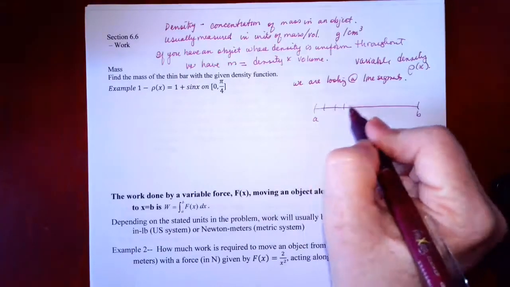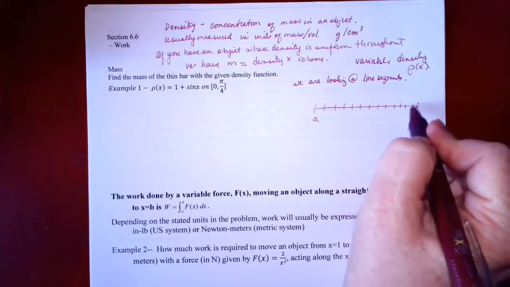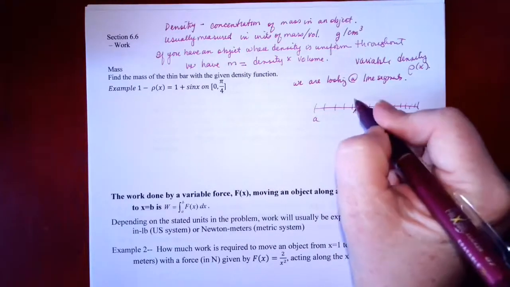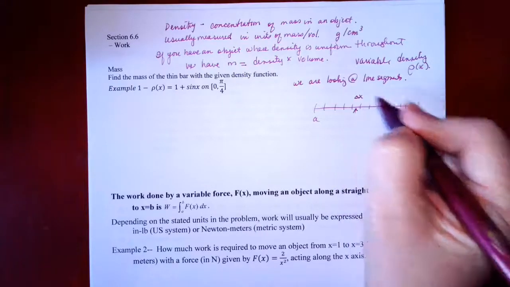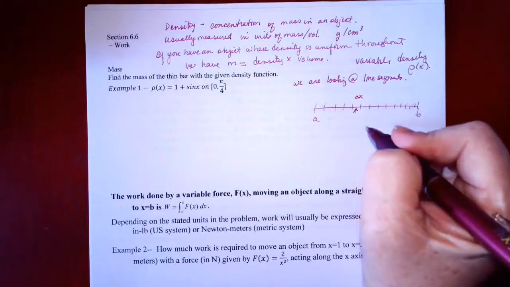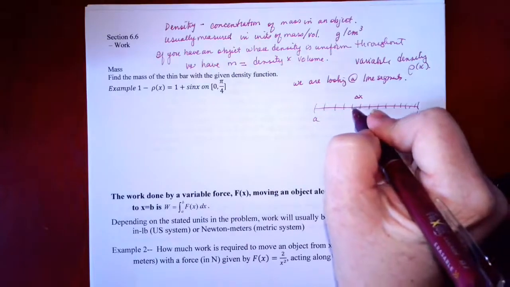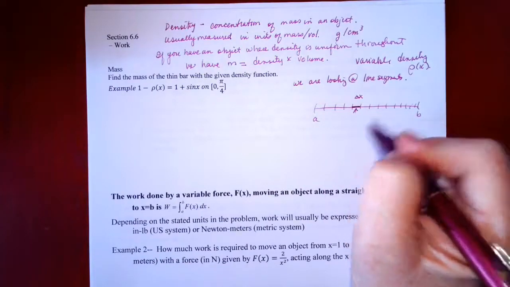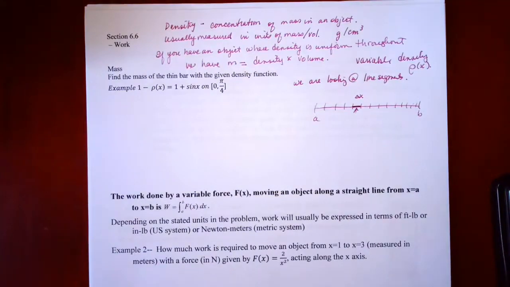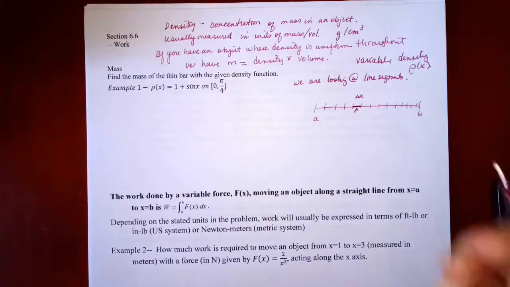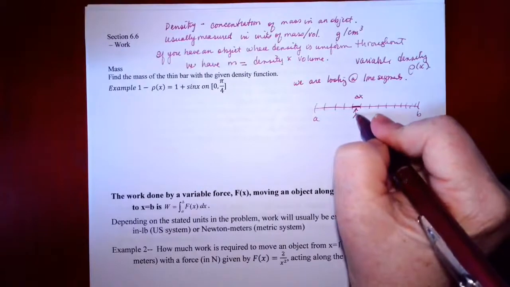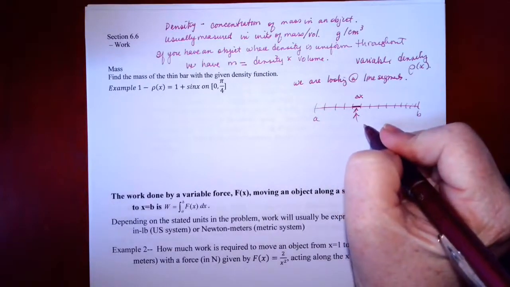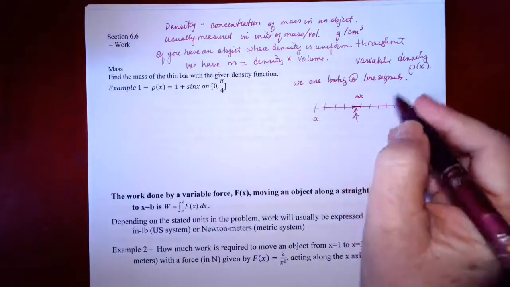So the idea here, guys, is if you have this little line segment, say between A and B, and we chop that line segment up into a lot of tinier line segments. I'm just going to look at this one for example. I'm going to call the width of that line segment delta X. For a little tiny portion, a subset of my overall line segment, my density function is almost constant.